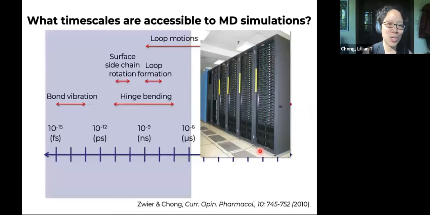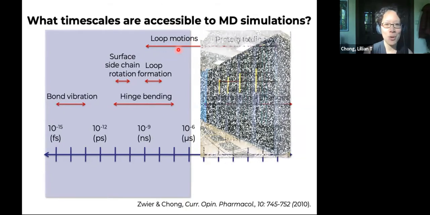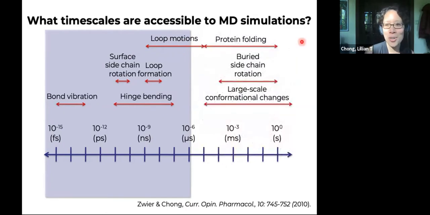And these are the sorts of timescales that we're dealing with for these simulations. So starting from femtosecond time steps to capture the fastest motions, which are the bond vibrations. On a typical cluster, we can capture up to a microsecond, which can capture some motions on proteins such as loop motions and hinge bending, but we're missing all these interesting functional motions of proteins such as folding and large-scale conformational transitions.